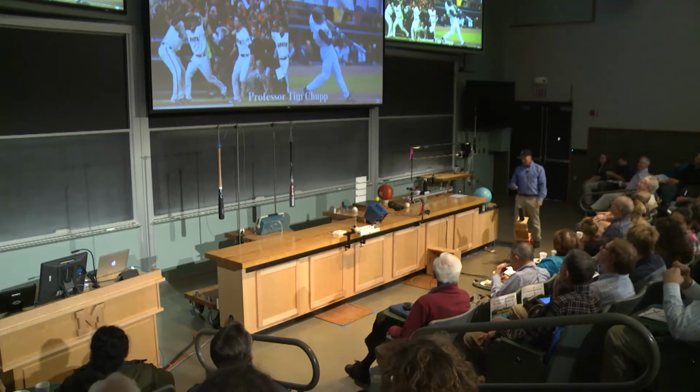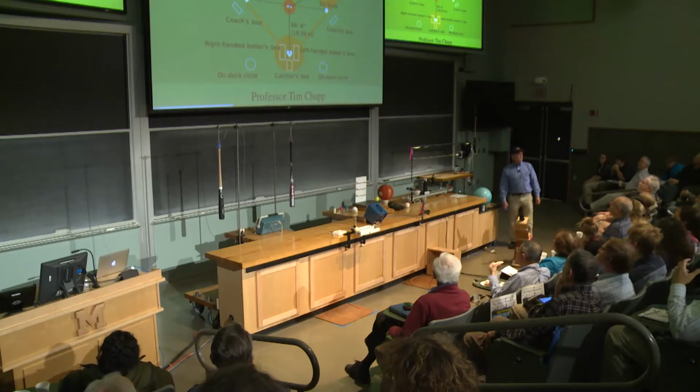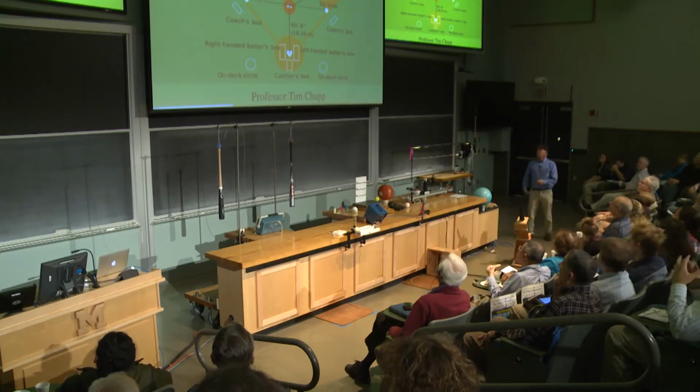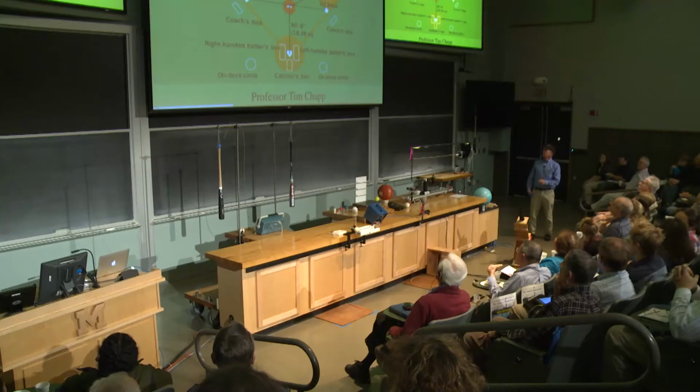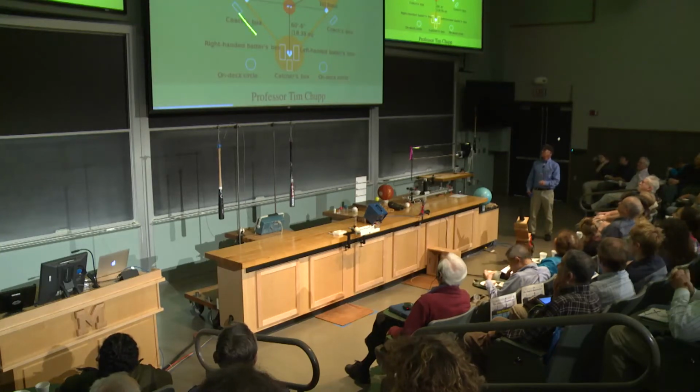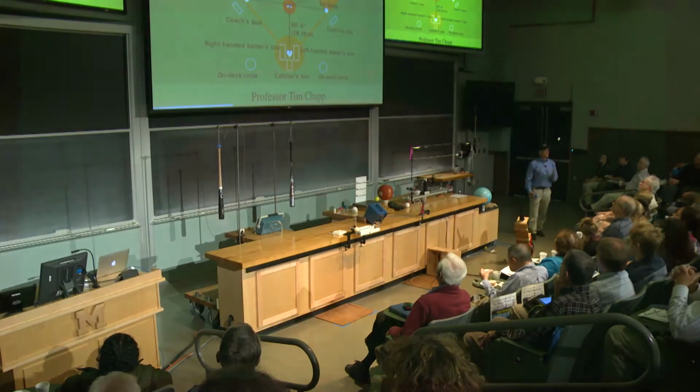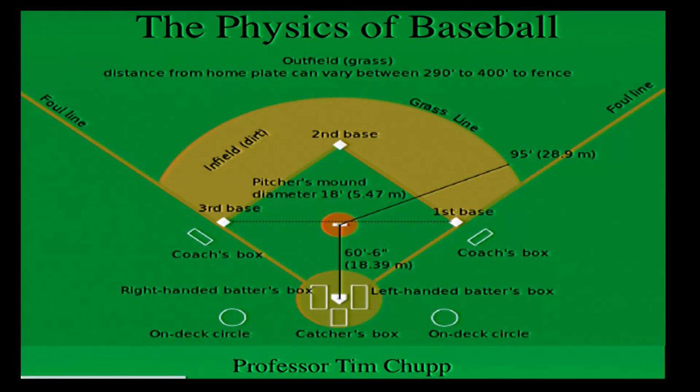Great. All right. So this is the field. And there are a few rules that have to do with the size of the field that affect the game. This is the professional game, the college game. One of the things that's pretty interesting to me is that it's a square that's turned in an interesting way. It's called a diamond. It's 90 feet on a side.